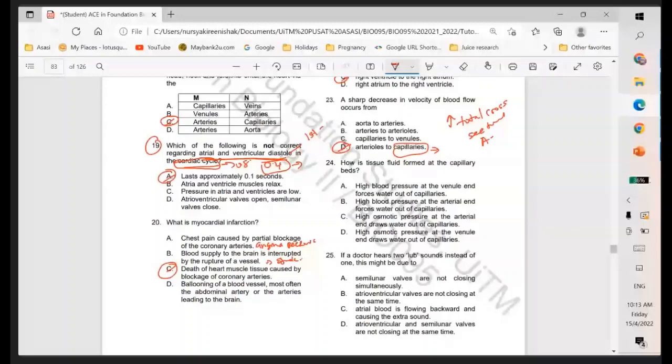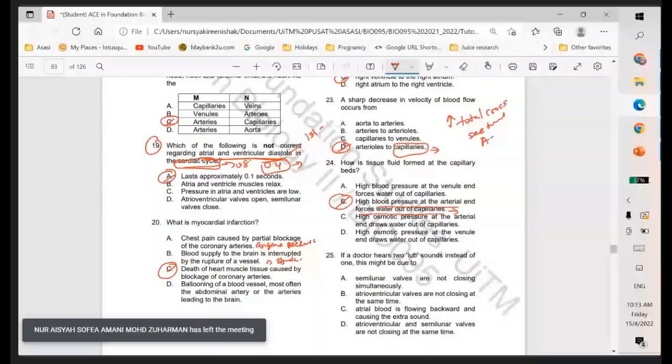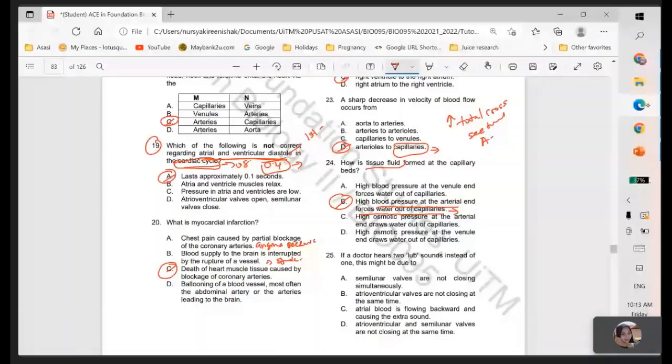Okay, high blood pressure at the arterial end forces water out of the blood capillaries to form what? To form what? Tissue fluid lah ataupun interstitial fluid. Okay, so boleh tak tissue fluid accumulate in the body tissue?